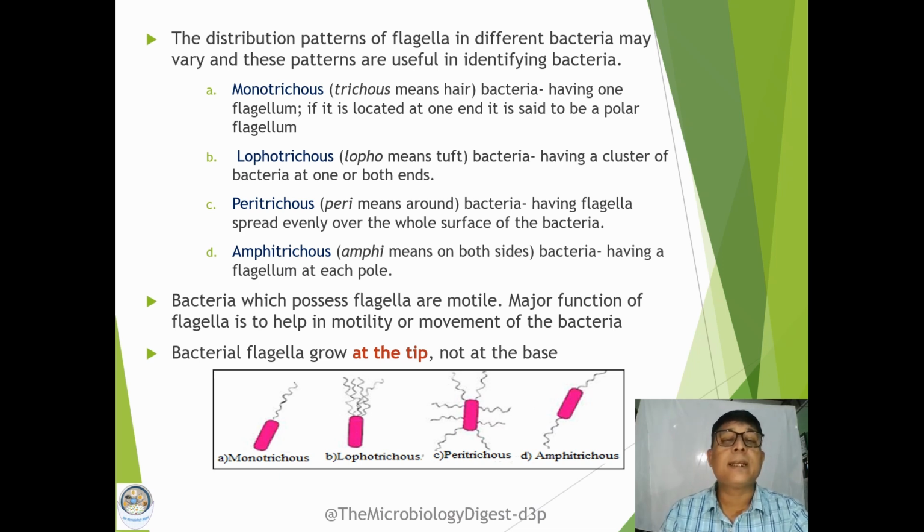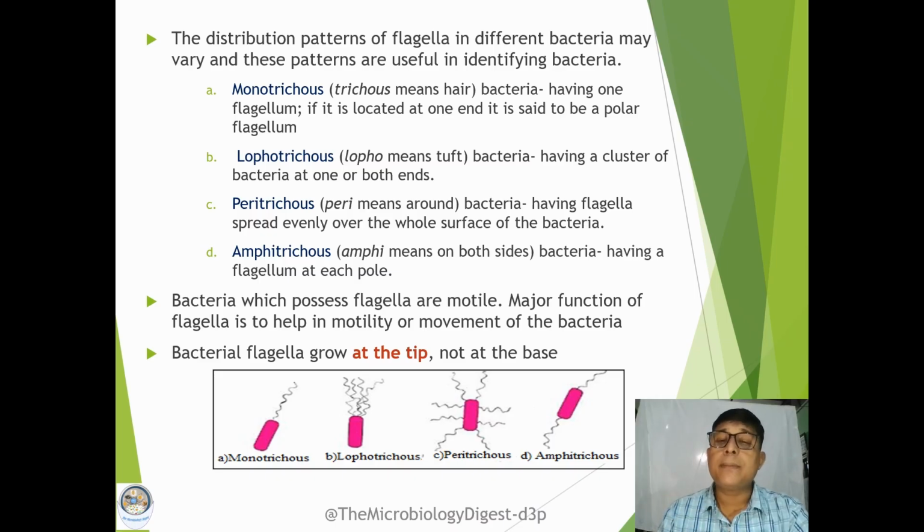It is called as peritrichous. And amphitrichous is the arrangement of flagella when one flagellum is present at each pole. Means both the ends will have one flagellum, and this type of organisms are called amphitrichous.